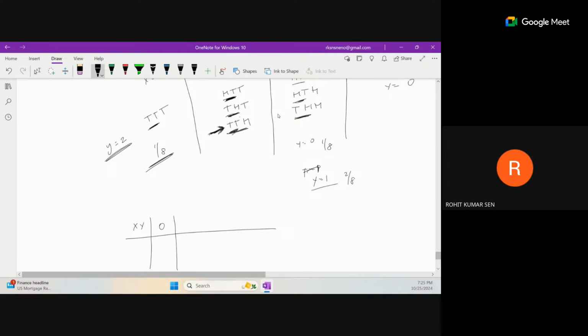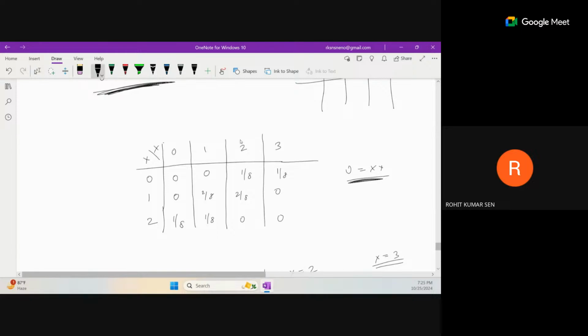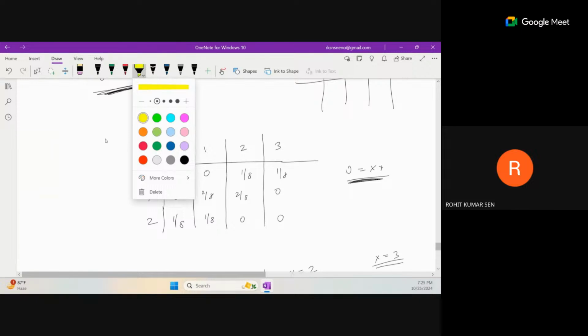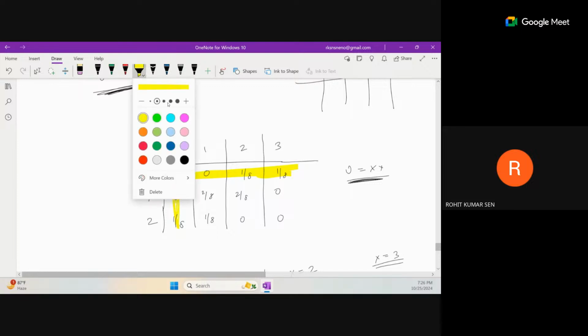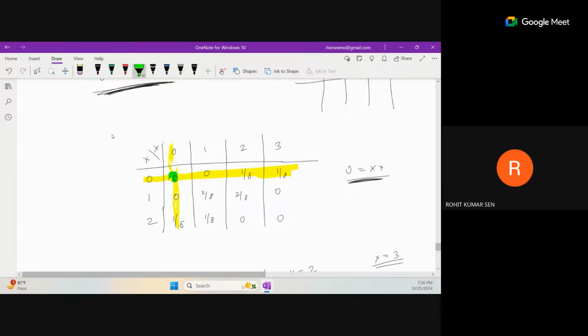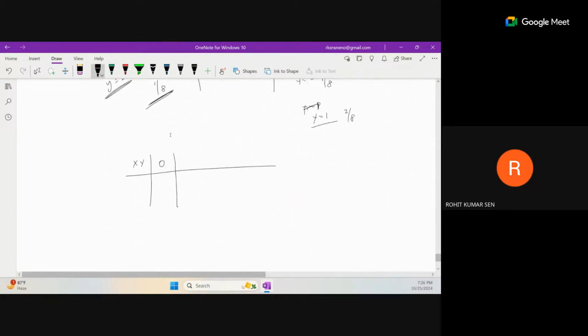So first it is 0, right? If my x is 0 or my y is 0, what will be the probability? In these entries, these are the probabilities of xy equal to 0. So the first possible value is 0.